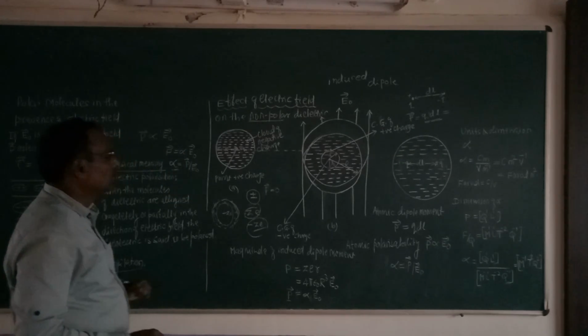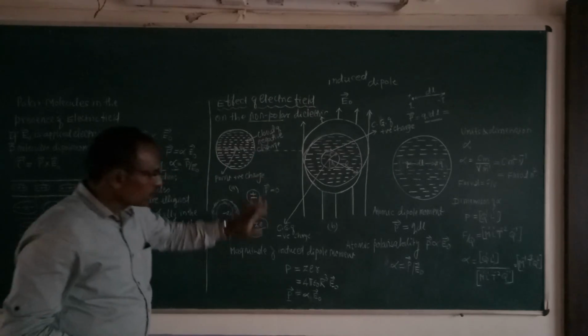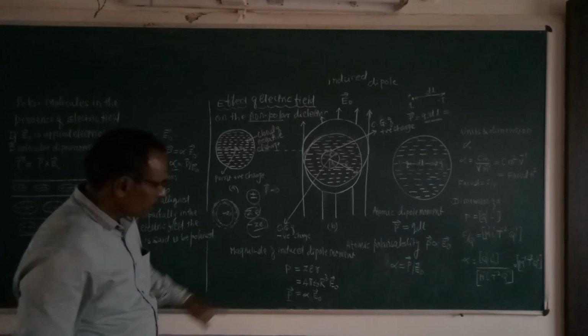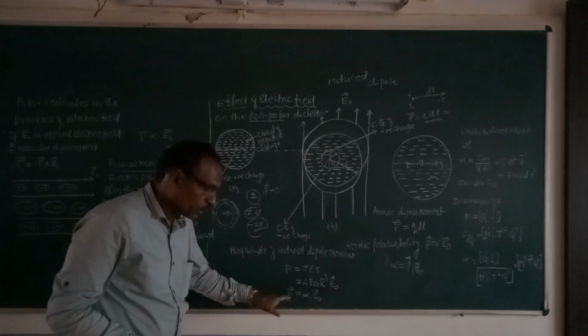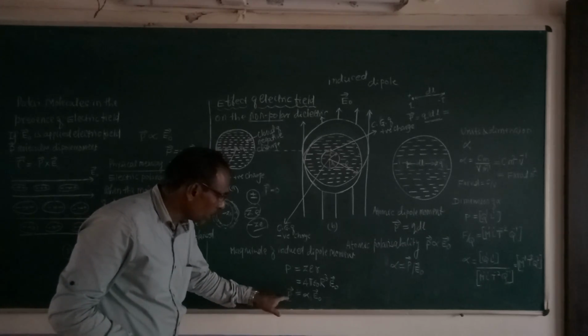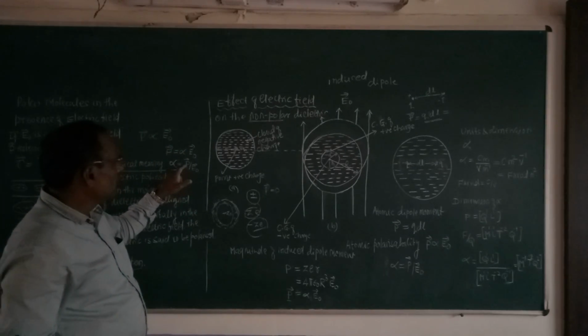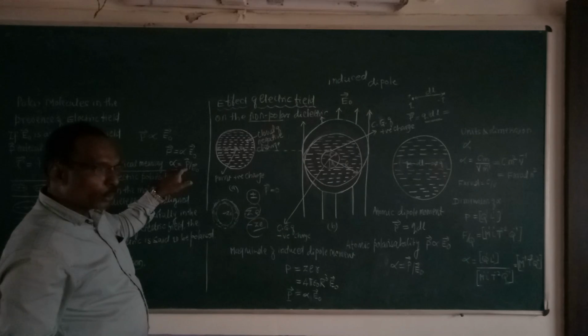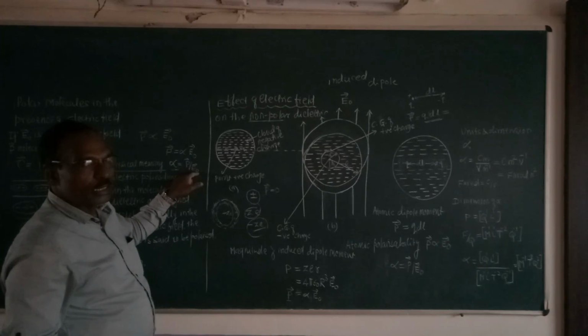In case of polar molecules or non-polar molecules, the induced dipole moment is called the atomic polarizability, alpha, which is the ratio of the induced dipole moment per unit electric field.